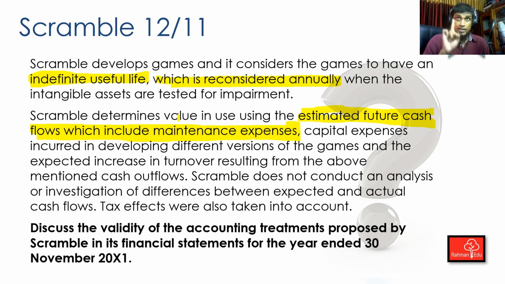And number 2, multiple impairment tests will be required. An annual impairment test may not be sufficient if there is, finish that sentence. If there is any indication that there might be impairment for the asset. Perfect. Thank you. Awesome.